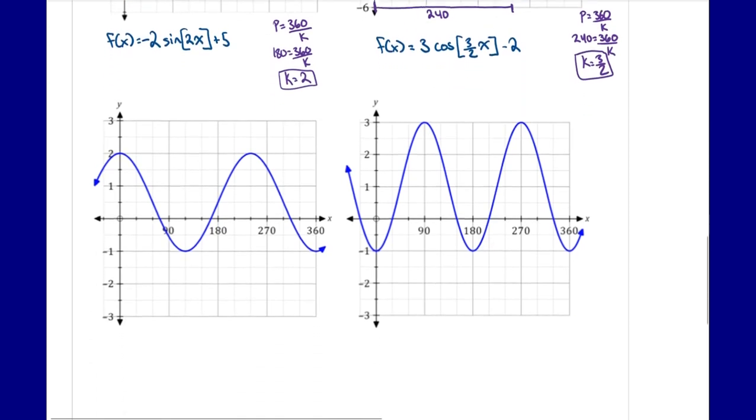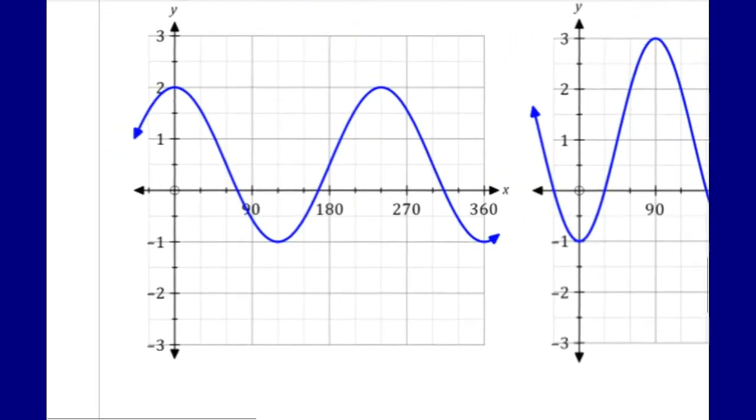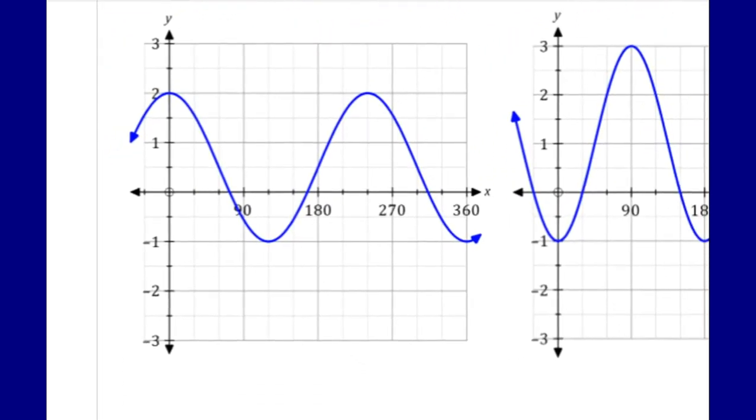Only 2 more, but for these 2, let's try to come up with both the sine and the cosine version for this graph. We're going to go through and find those key points again. We can see our max and our min. We can find our midline halfway through. We put points there, and I'm going to draw the line in as well.